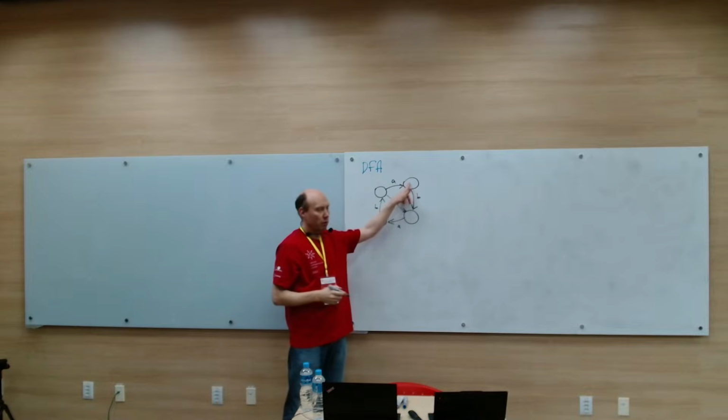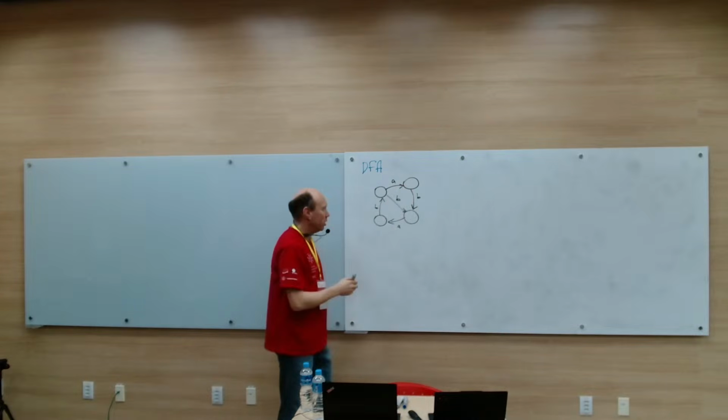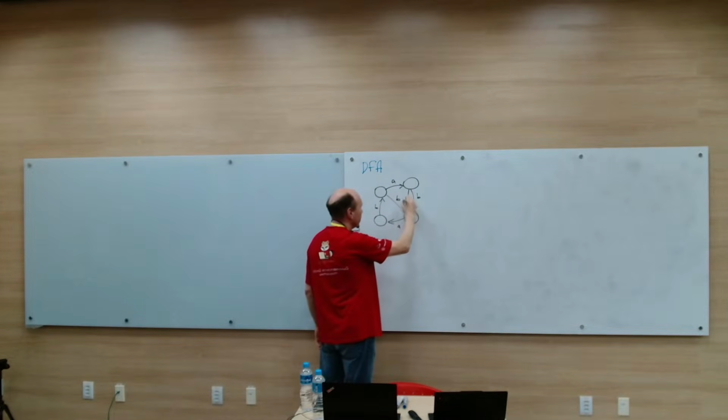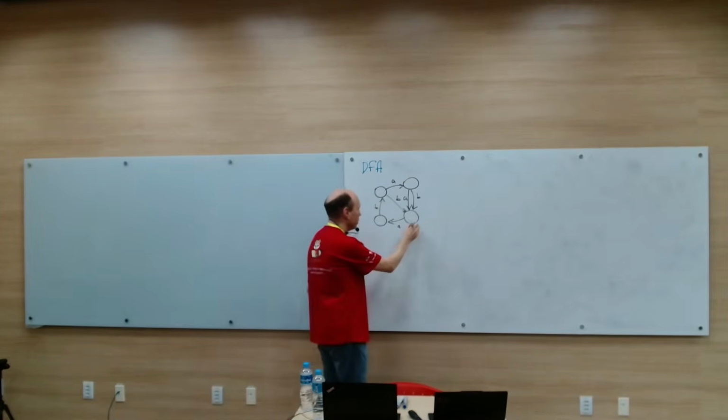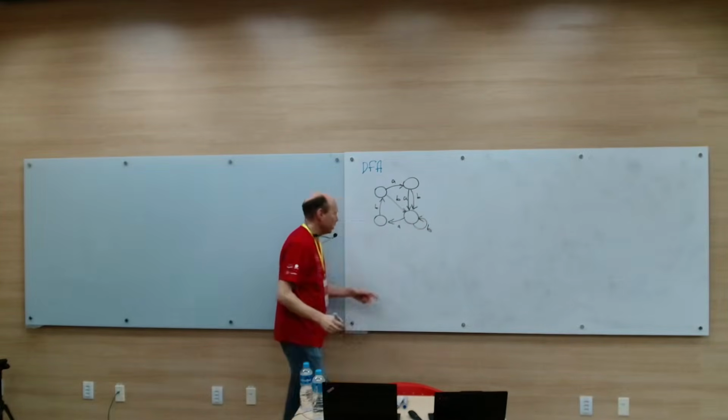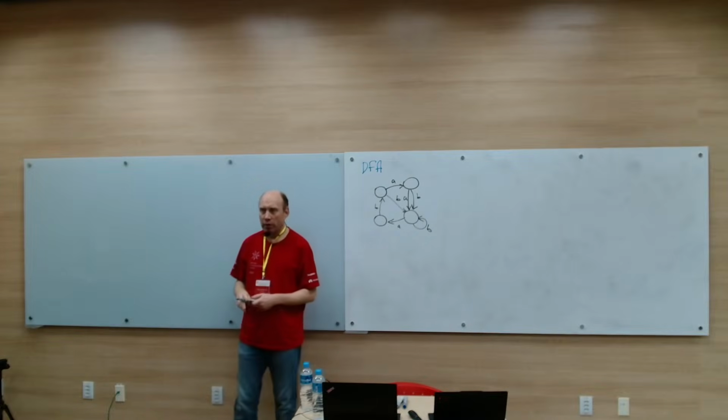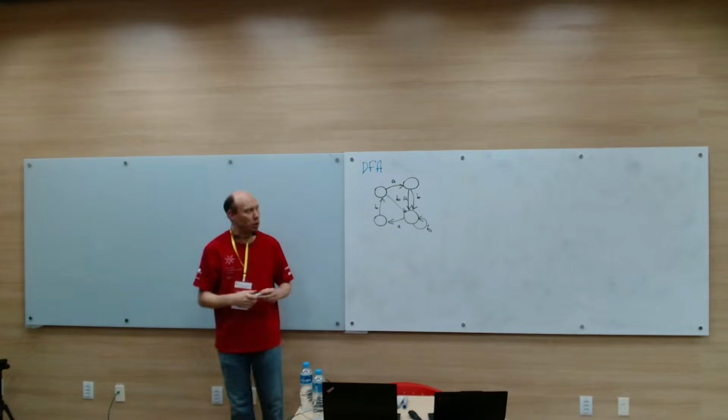From this state I have already drawn the transition for B. We can draw, for example, the same transition for A. For this state, we should also have both transitions. And for this state, for example, we might decide we don't need the transition for A.